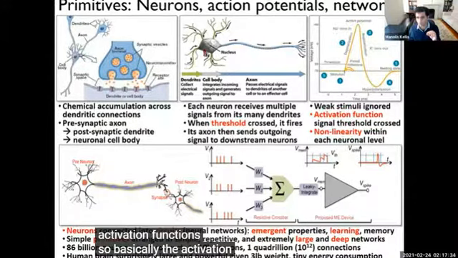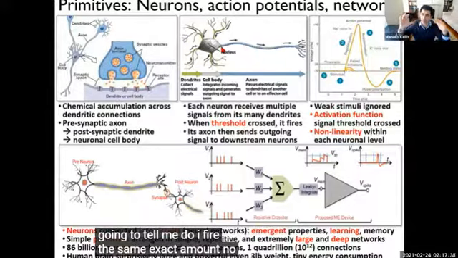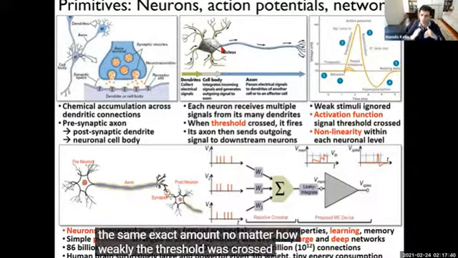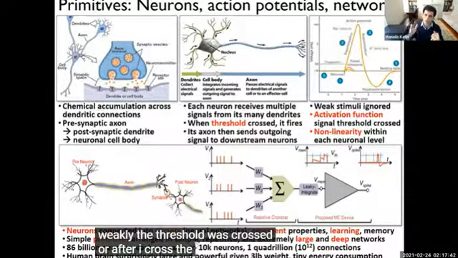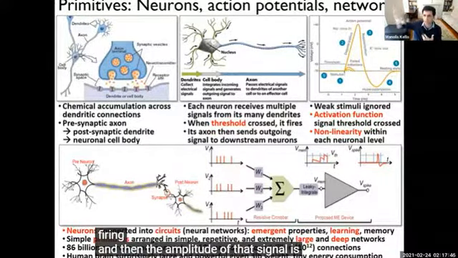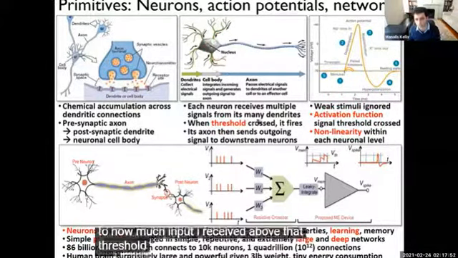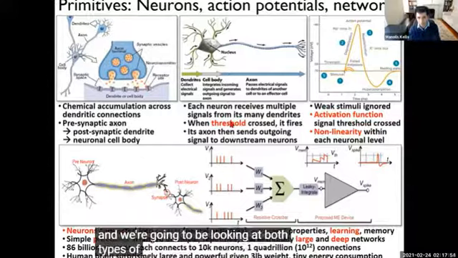So basically the activation function is going to tell me, do I fire the same exact amount, no matter how weakly the threshold was crossed? Or after I cross the threshold, I start firing, and then the amplitude of that signal is proportional to how much input I received above that threshold. And we're going to be looking at both types of functions.